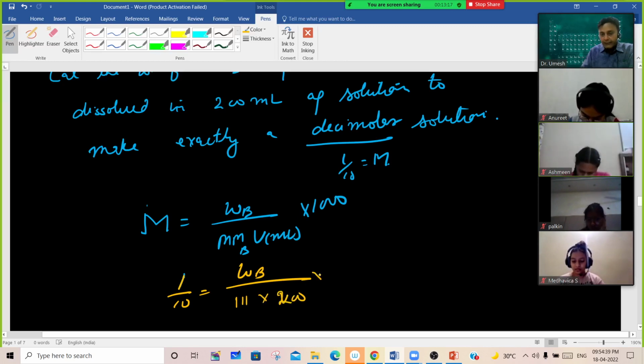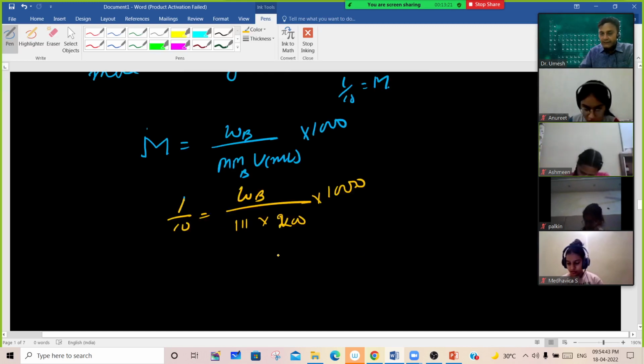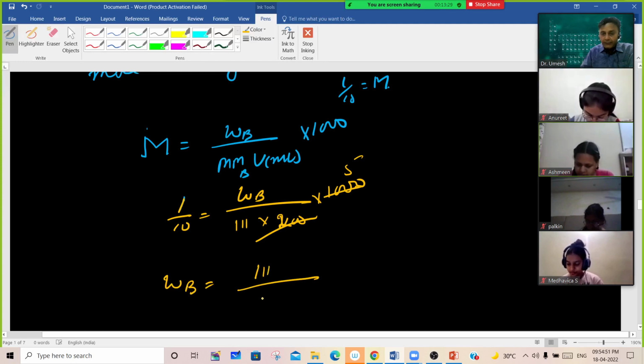Volume is 200 ml multiplied by 1000. The rest is simply calculation you can do. So WB is equal to 111 divided by 10 into 5. That's it.